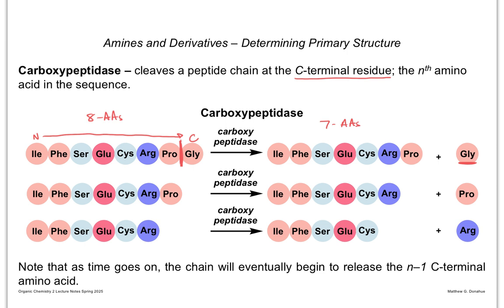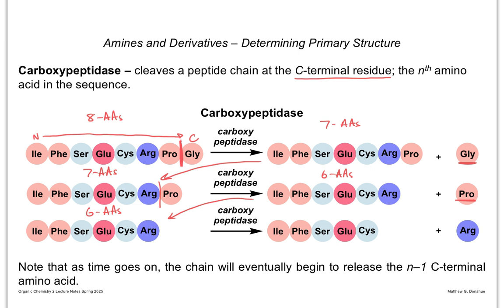If we let this go long enough, that carboxypeptidase will now cleave off from that 7 amino acid sequence proline, and we'll end up with a 6 amino acid sequence. So proline would then start showing up in the reaction medium. The 6 amino acid sequence, again, the reaction keeps going.